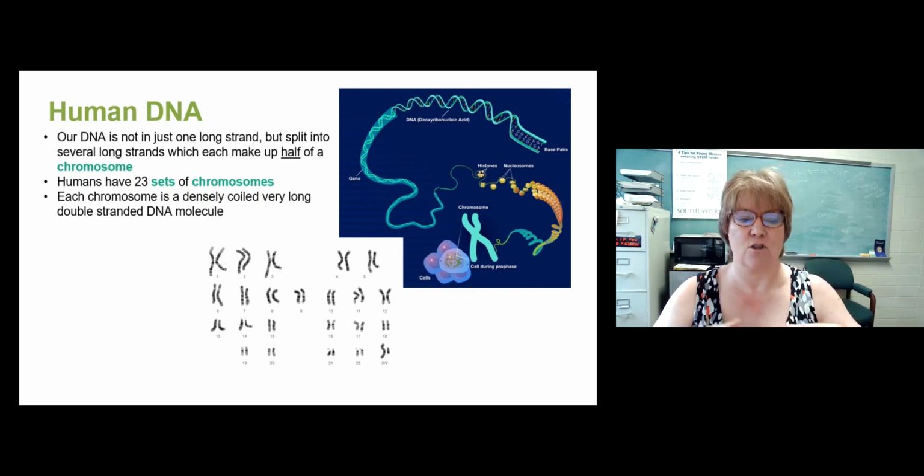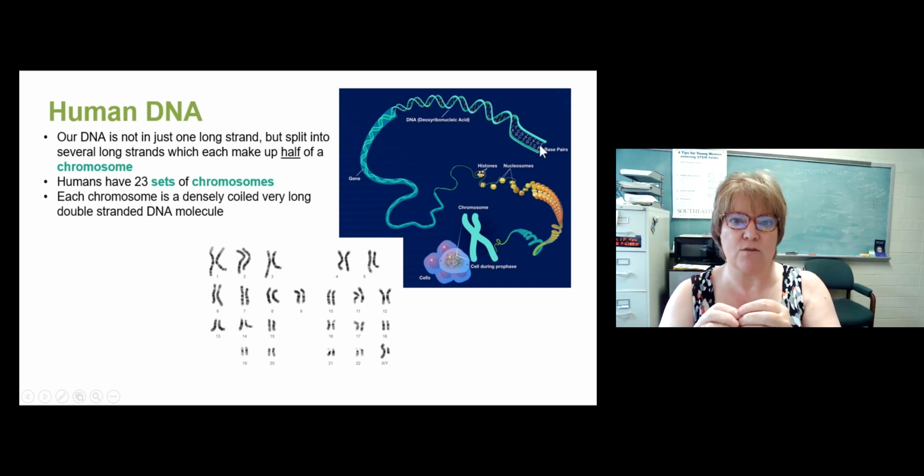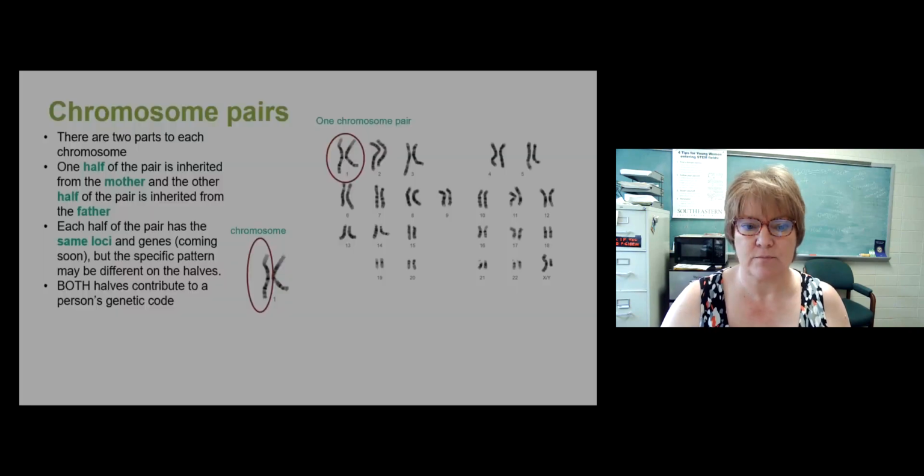And this is a long, long, long strand of DNA that's been coiled up, and that's what each of these chromosomes is made of. So we see lots of these chromosomes. So here's my overall chromosome, which is this huge, very densely coiled strand. And if I get all the way down, I recognize what the individual tiny pieces of it are.